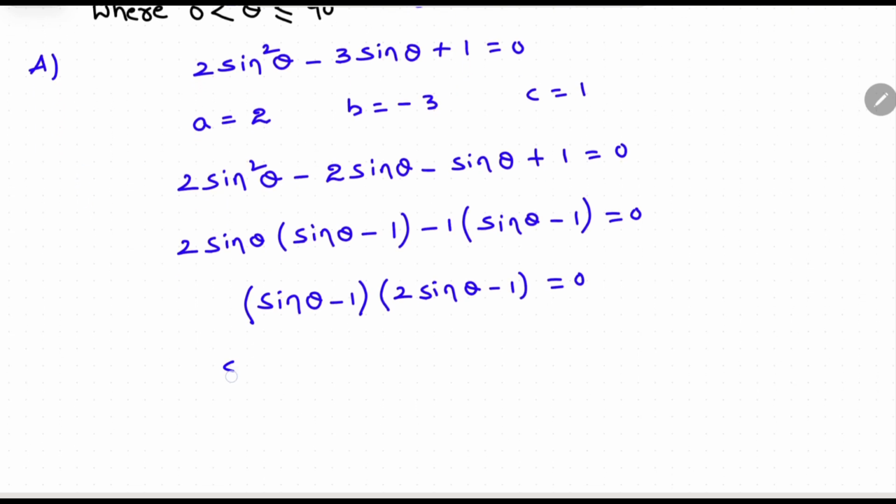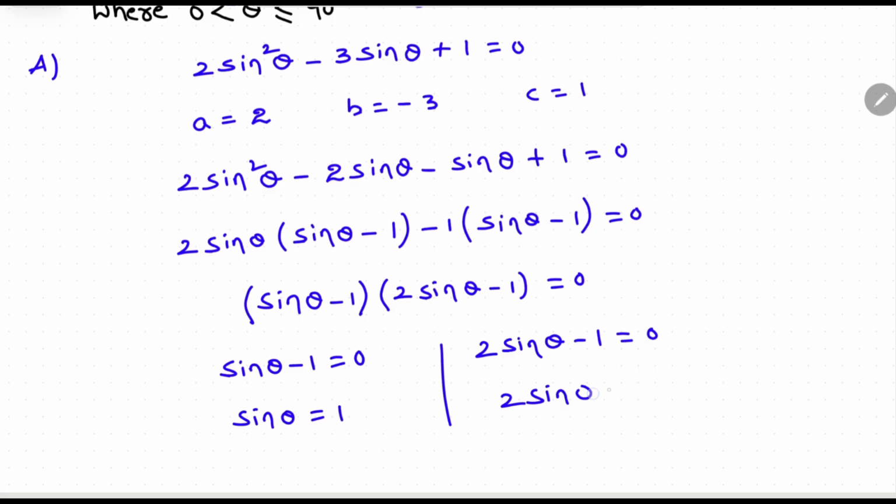Therefore sin theta minus 1 equals 0, so sin theta equals 1, and 2 sin theta minus 1 equals 0, therefore 2 sin theta equals 1.